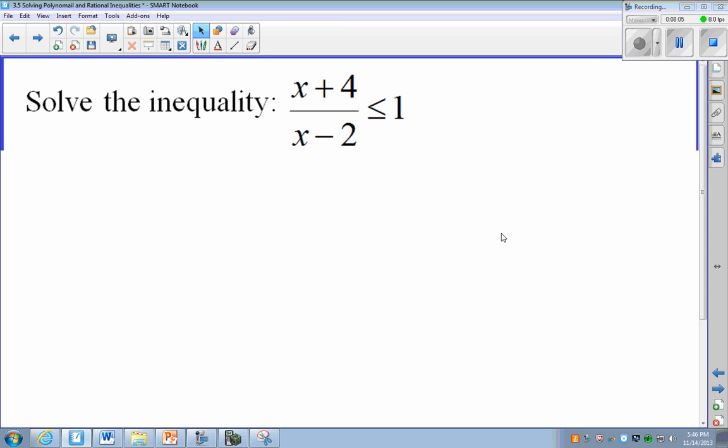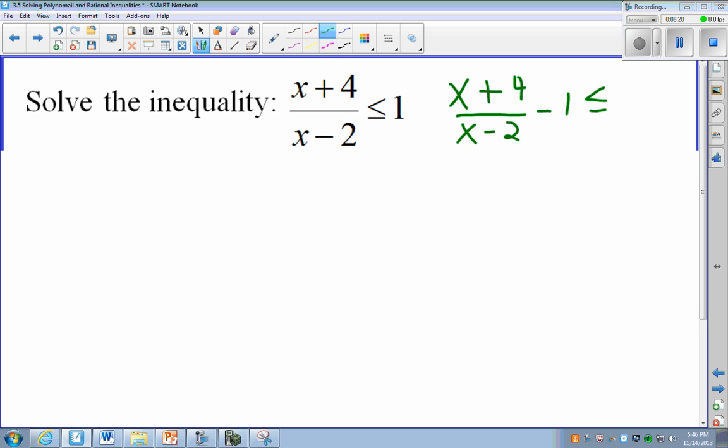Okay, now what do we do about this type of inequality? Well, it's just the same thing. Set it equal to 0. So you have x plus 4 is less than or equal to 0. Now, we really don't know where zeros of this function are or what our asymptotes are.